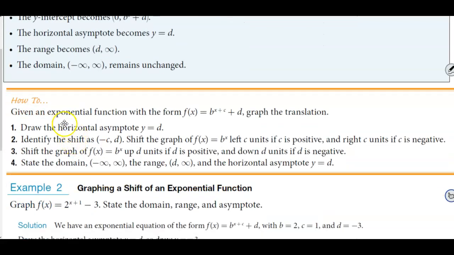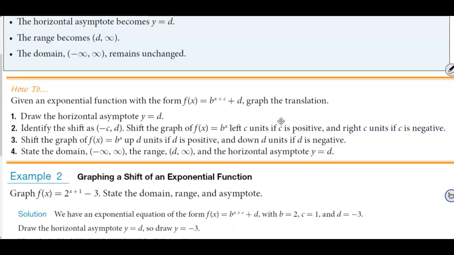Now for this example, we're given an exponential function of the form f of x equals b to the x plus c, plus d, and we're going to graph the translation. The first thing we want to do is draw the horizontal asymptote, which is y equals d. Then we identify the shift as (negative c, d).